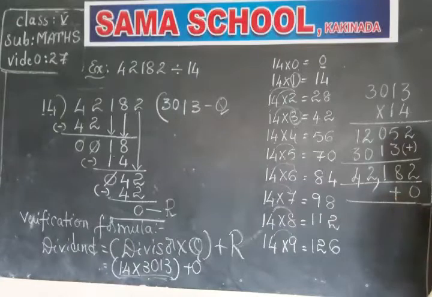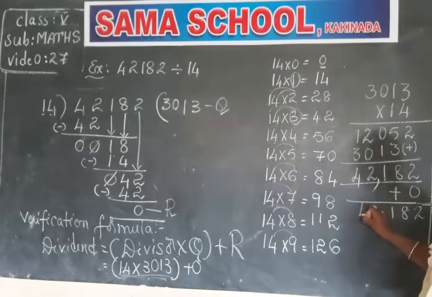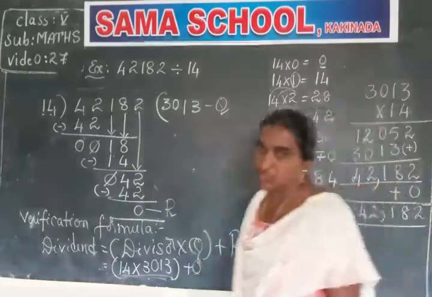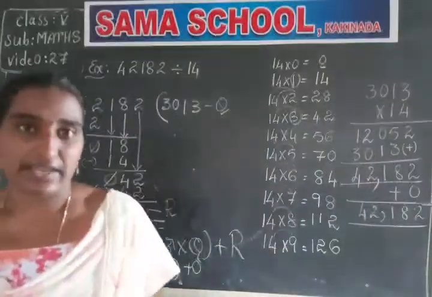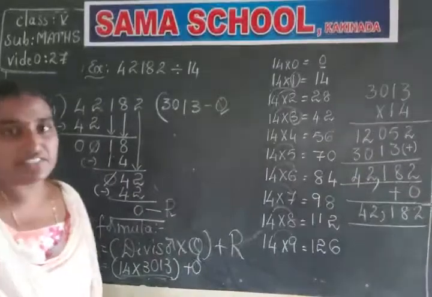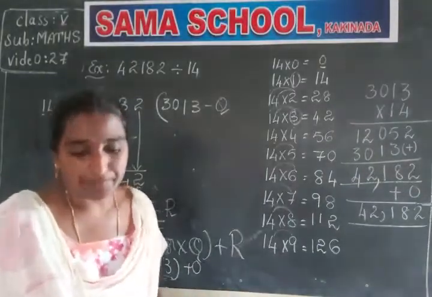Remainder is 0. So, any number plus 0 gives the same number as result. So, check whether we got the dividend or not. 42,180. So, our answer is correct. In this way, we have to check our answer in the division. Did you understand, children? Okay.